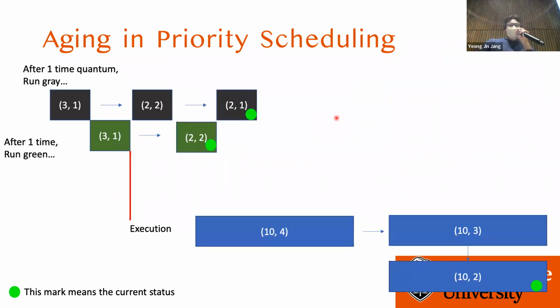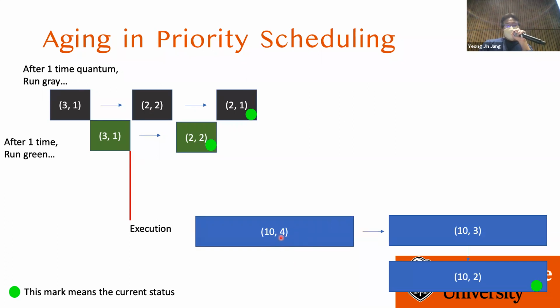And then suppose the second green one gets scheduled next. The one that was waiting will not decrease its running time, but it will increase its priority. The process that is executing right now will have its execution time decreased, and it will also decrease its priority.